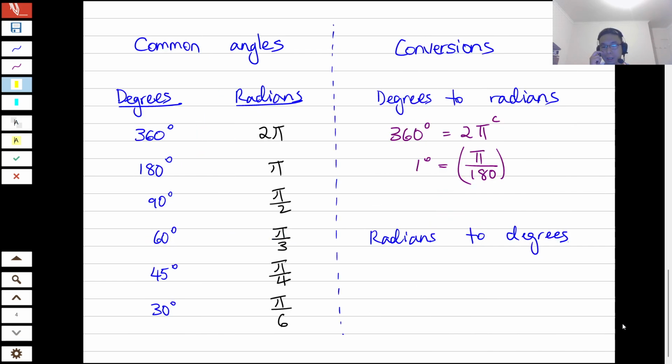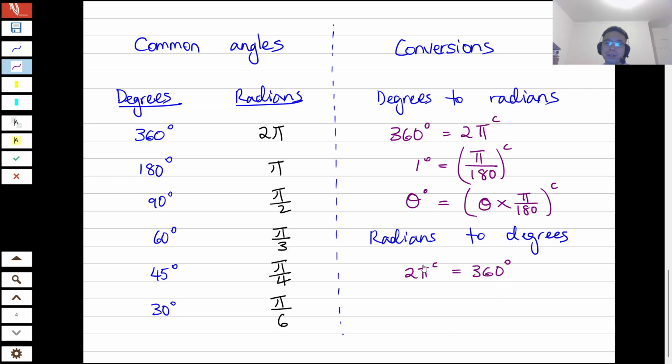Okay, so that hasn't come from nowhere. Now, if I know the angle is, say, some angle theta in degrees, then what I need to do is take that number theta and multiply it by pi on 180. And now it's in radians. Okay, now if we choose to go the other way, I can say that 2 pi radians is 360 degrees.